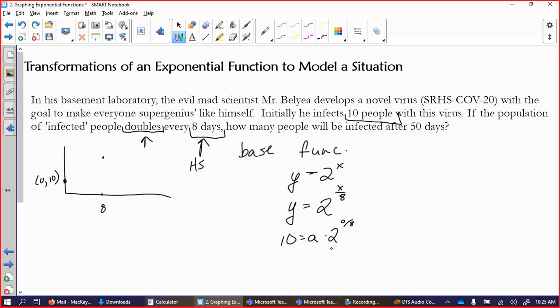So 0 over 8 is 0. 2 to the 0 is 1. So a equals 10. So our function is y equals the initial 10 people times 2 to the power of x over 8. There's no adding or subtracting, and this is for just straight exponential growth.